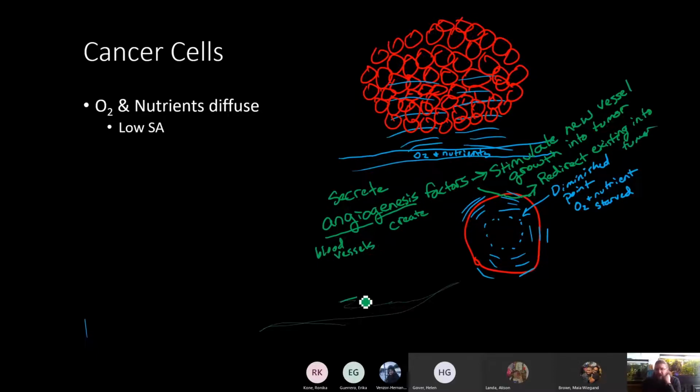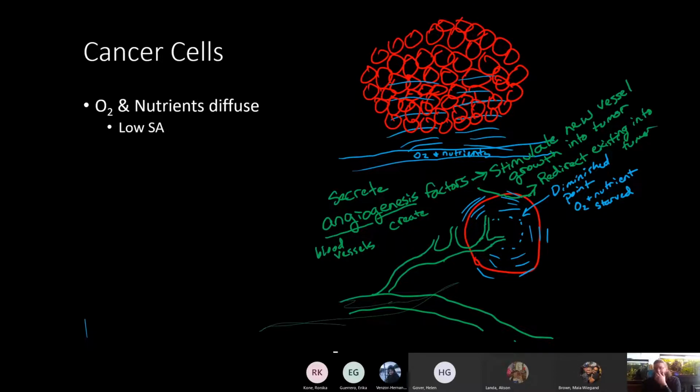So I had this blood vessel that moves past here, and I stimulate some new vessel growth into the tumor. And it can also redirect the blood vessel into there.